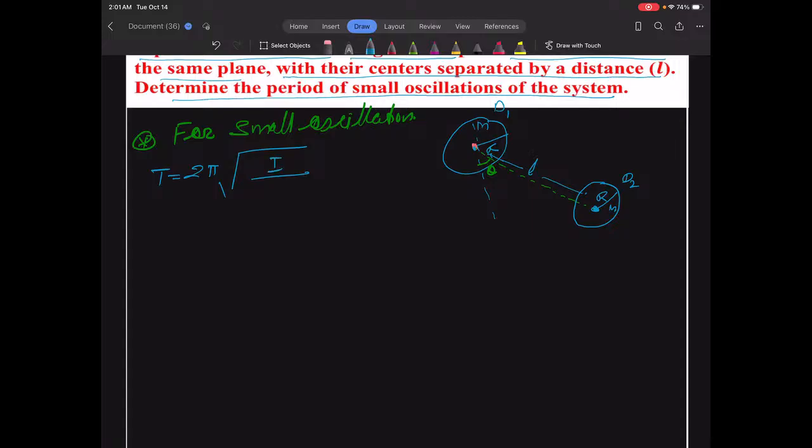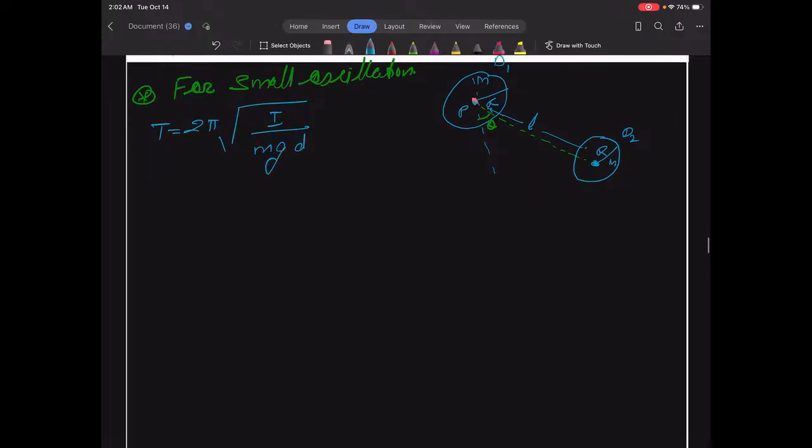I is our moment of inertia of the entire system about the pivot point. Let us call this pivot point P. And d is the distance from the pivot to the center of mass of the system. Let me write these two things.